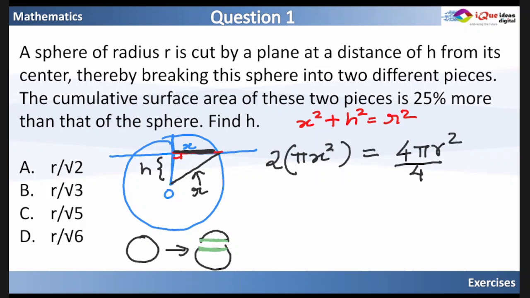Okay, so if I simplify this, the pi gets eliminated, 4 and 4 gets eliminated. So can I say 2x square is equal to r square? So can I now compare both these equations? The first equation was x square plus h square is r square, and now I have got 2 times x square is r square.